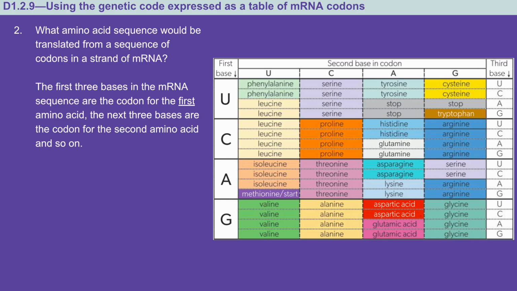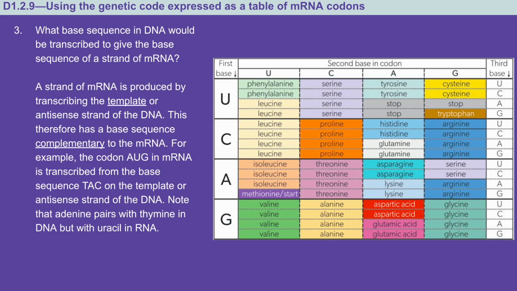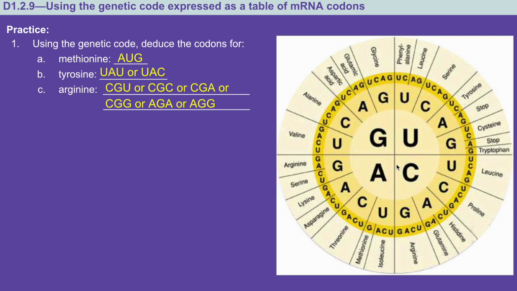The next 3 bases are the codon for the second amino acid, and so on. Number 3, what base sequence in DNA would be transcribed to give the base sequence of a strand of mRNA? So remember that we use the template strand of the DNA and we complementary base pair to it to create that mRNA.